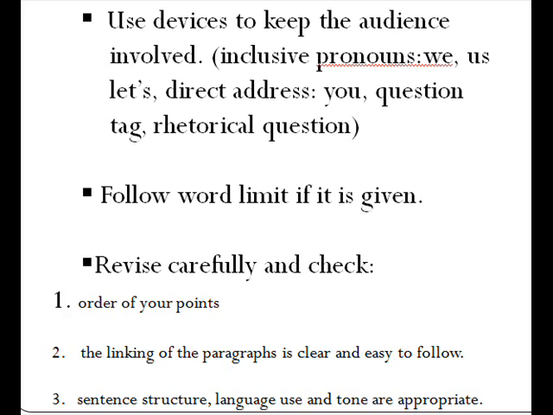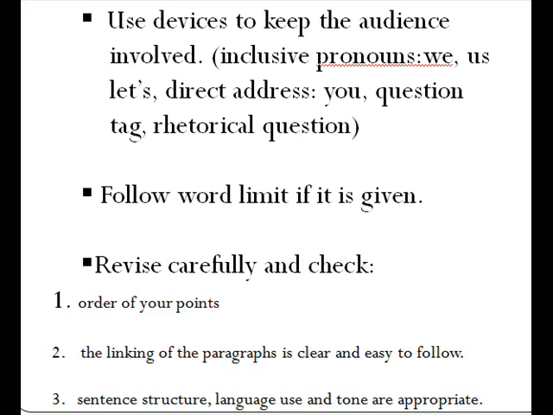Next, follow word limit if it is given. In CIE exam, word limit is given, so you don't write more than the given limit. In Edexcel, word limit isn't given as such, but you don't write more than 300 words. If you're a fast writer, if you do write more, they don't punish you. You are not penalized.